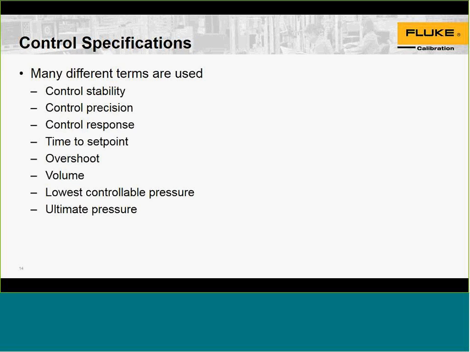The volume the pressure controller is controlling into is important. That could increase your time, and stability numbers change. And then there are lowest controllable pressure and ultimate pressure. We'll talk about these specifically.